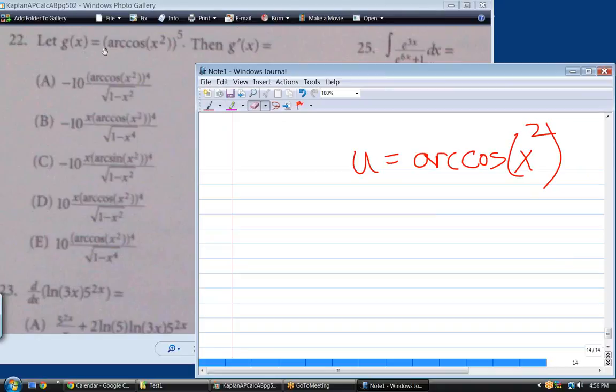So we're going to use the power rule, and then we're going to multiply by the derivative of that, and then multiply that by the derivative of that. So let's start with the power rule. 5, and I'm not going to use u, I'm going to spell everything out.